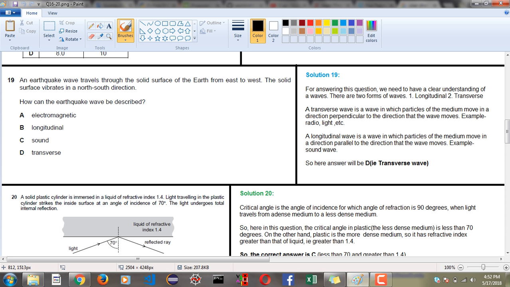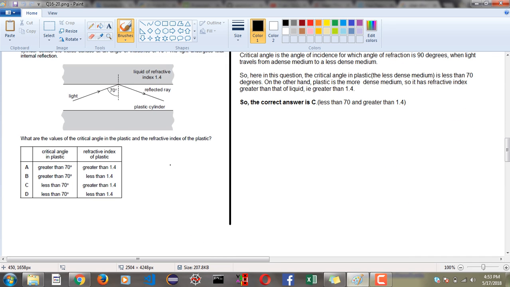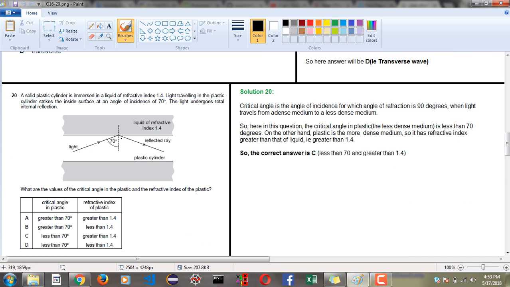From these two definitions, we can clearly see that the answer will be D, because the wave is traveling east and west, but the vibration is north and south, so they are perpendicular to each other, and this is the definition of a transverse wave. So the answer will be 19D. Now the last question is 20.